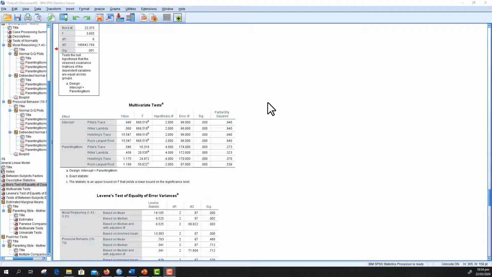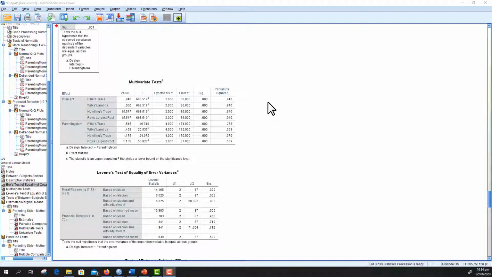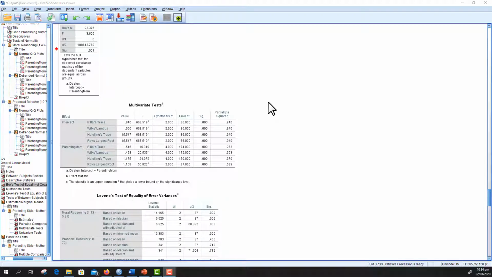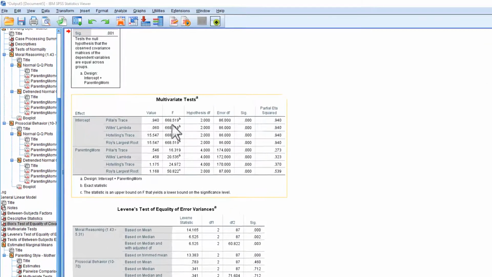Remember that when running MANOVA, we are most interested in the multivariate effect, that is, the effect of the independent variable on the combined dependent variables. SPSS produces 4 multivariate test statistics.